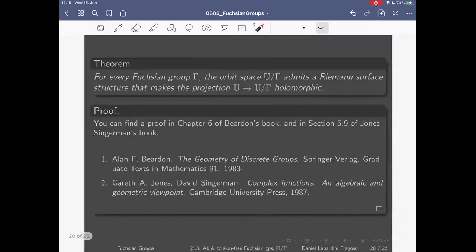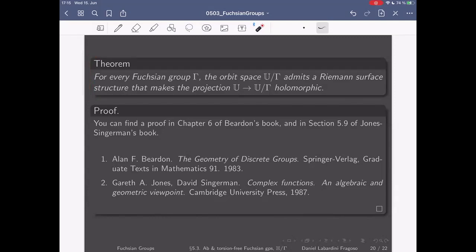Okay, and then with these results, you can prove this theorem, which we will not give the full proof of.